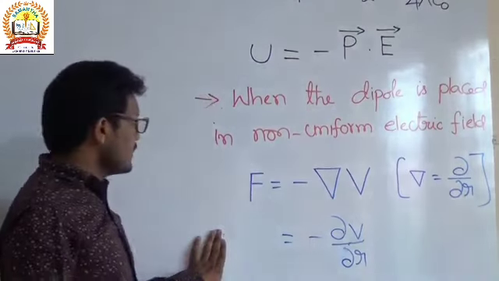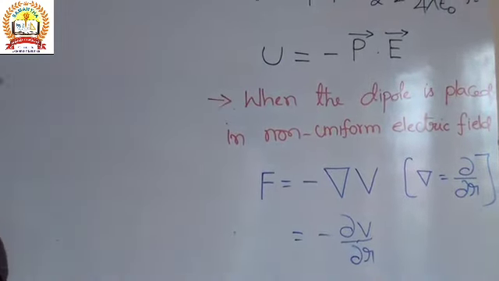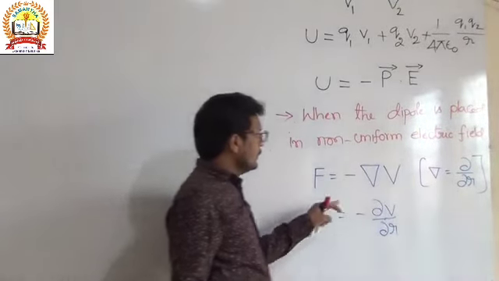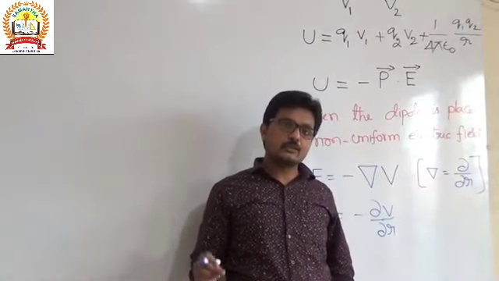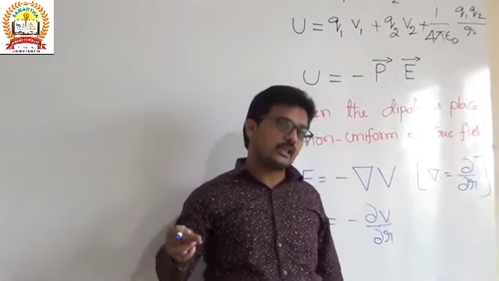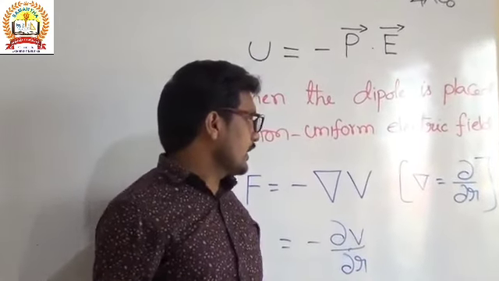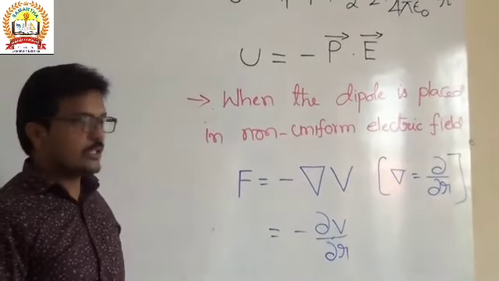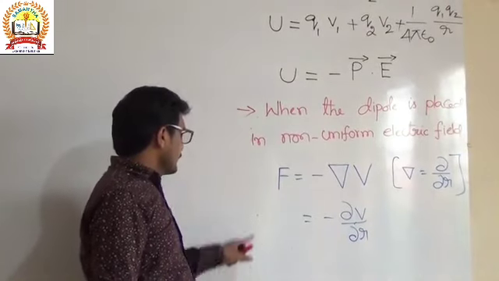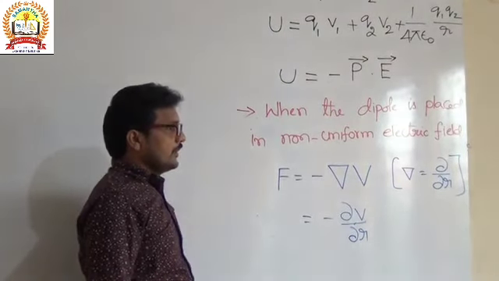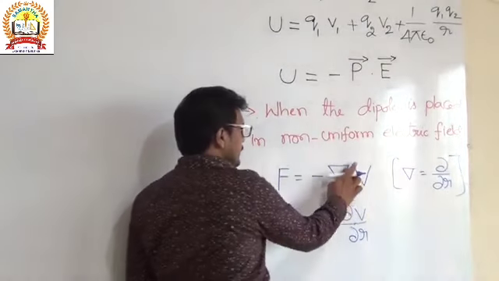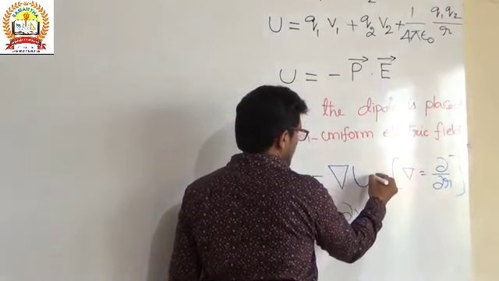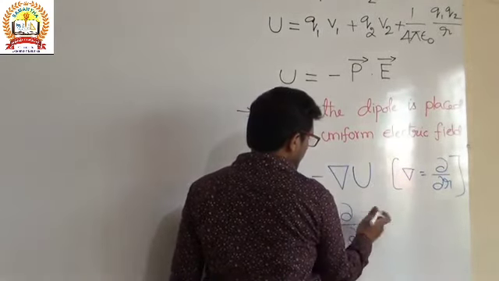Here we can use the potential energy, the negative potential energy gradient, that is minus dou U by dou r. So we write in terms of the potential energy, using U in place of V.